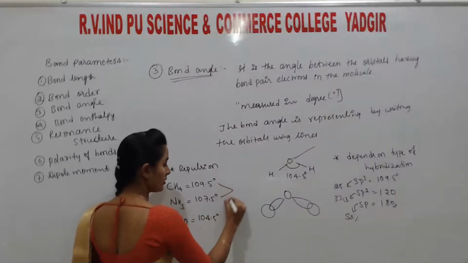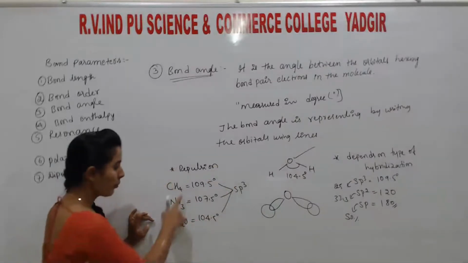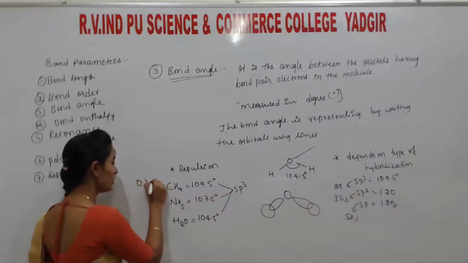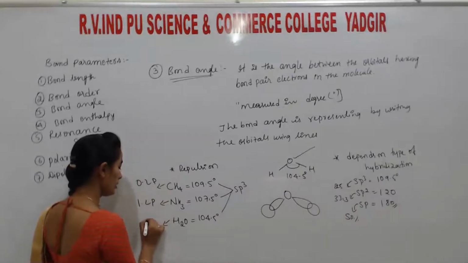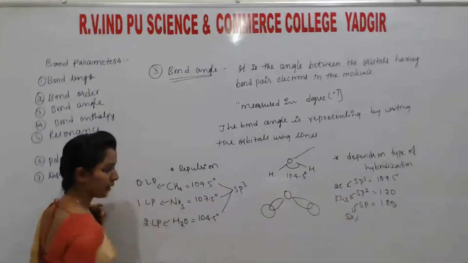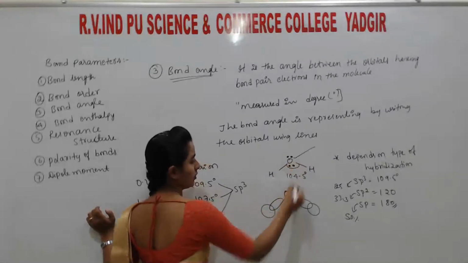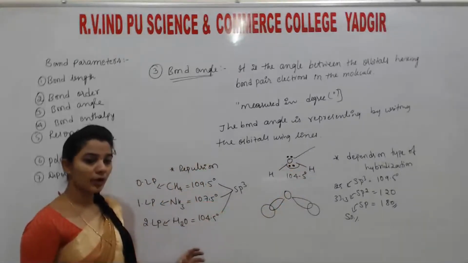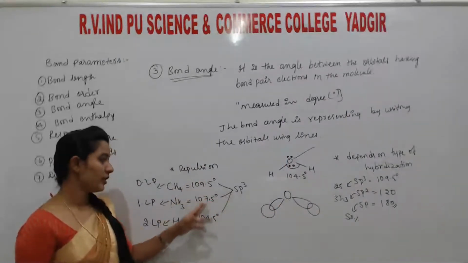So all these three are sp3 hybridized, even though bond angle is different. Why? Because this consists of 0 lone pair, this consists of 1 lone pair, this consists of 2 lone pairs. Due to the repulsion of lone pair and bond pair, they exhibit different bond angles.